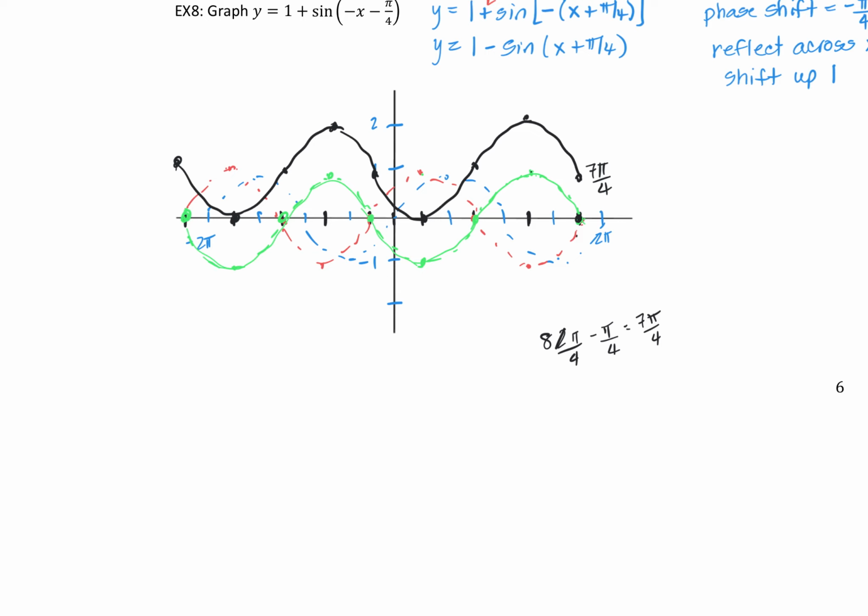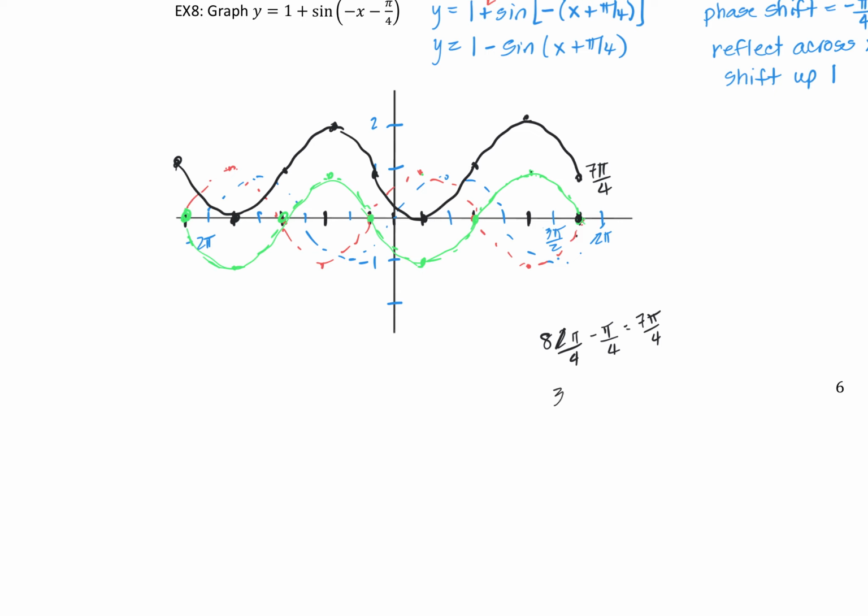Okay, so at this point here, this was 3 pi over 2. And we were subtracting pi over 4.